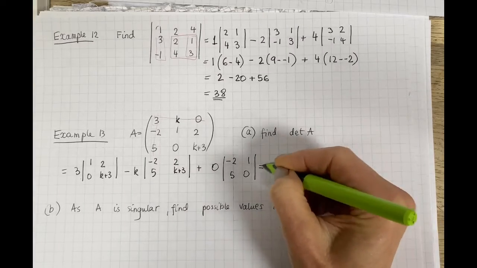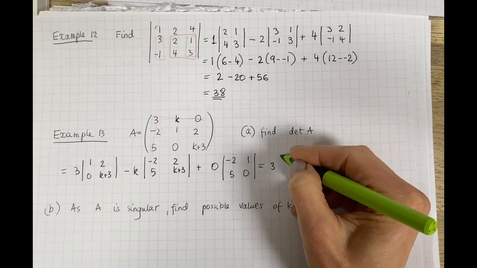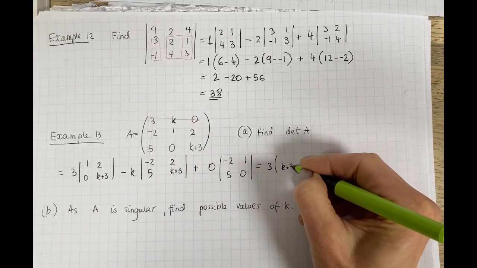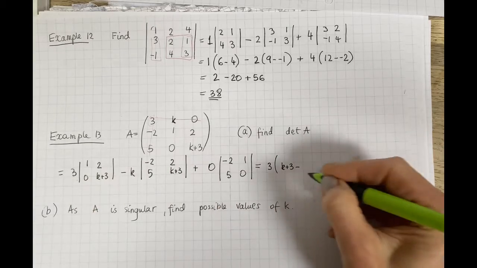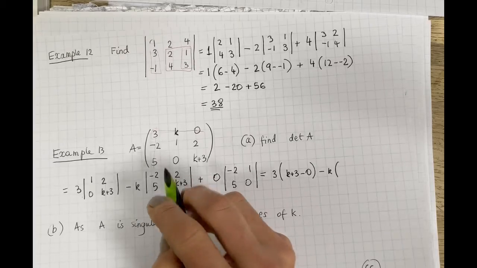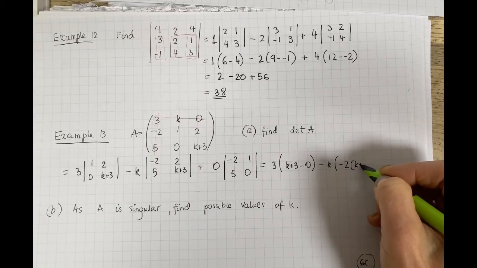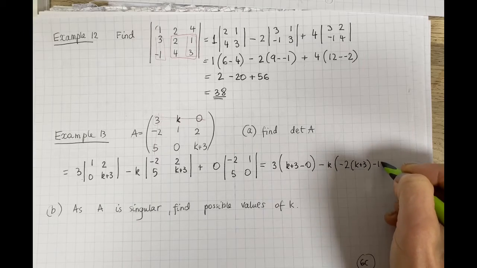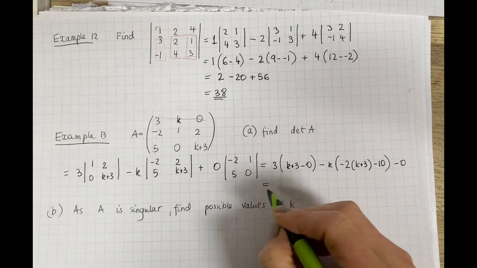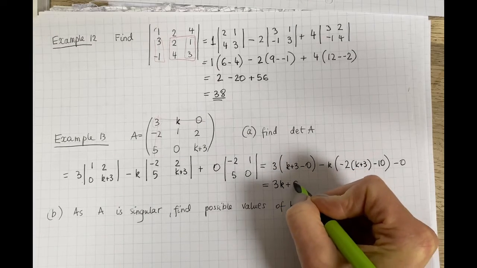Okay, right, so this one here is going to be 3. In brackets, I'll do 1 times K plus 3 minus 0 times 2, so minus 0. And then you've got minus 2 times K plus 3 minus 10. And then you've got minus 0. So this is going to be 3K plus 9.